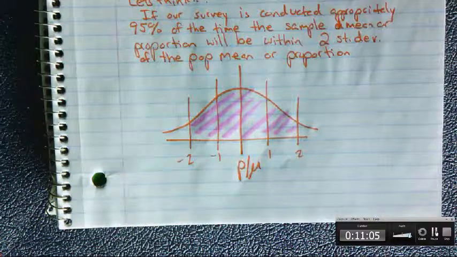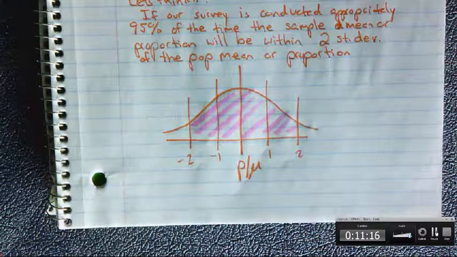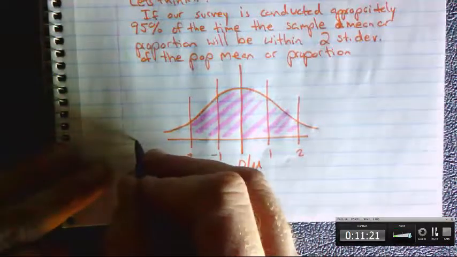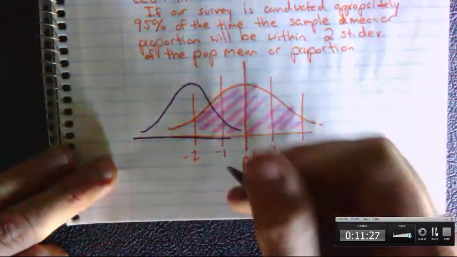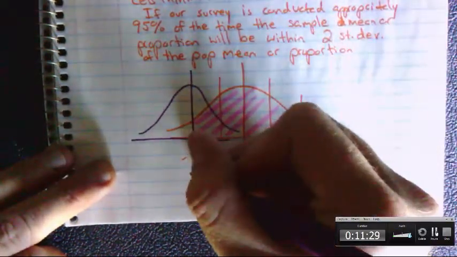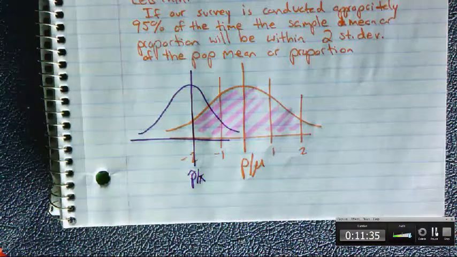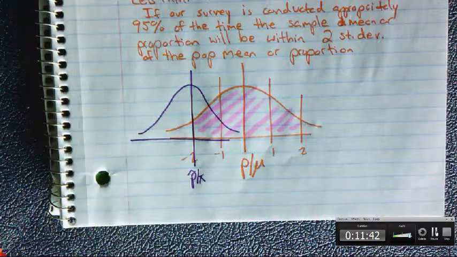Our sample 95% of the time should fall in that region. So if we were to look at just the very extreme, the absolute worst case scenario, 95% of the time, the worst thing that could happen is our sample mean or our sample proportion should be 2 standard deviations below.